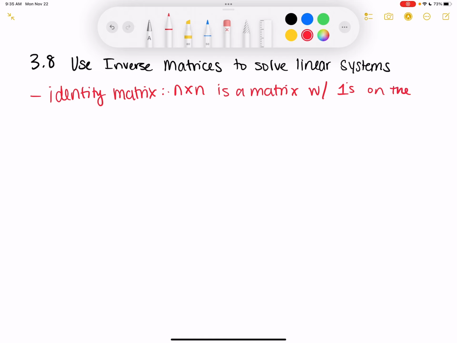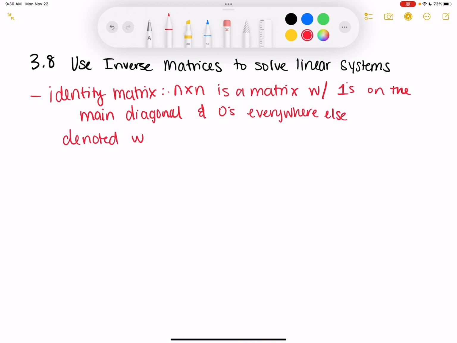I'll show you what that means in just a second. And zeros everywhere else. It's denoted with an I.